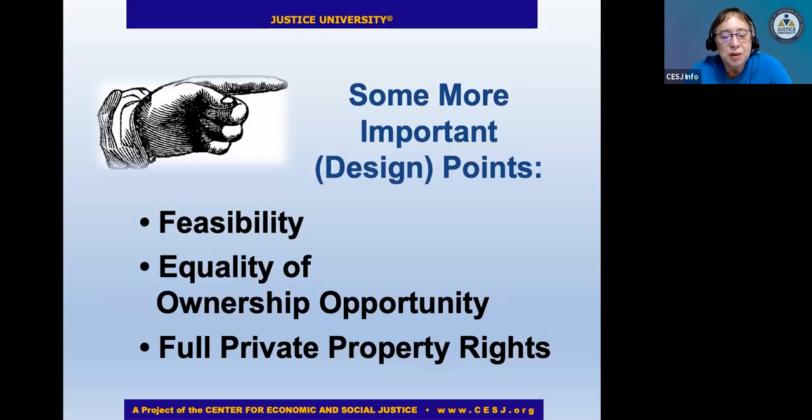We also need to recognize that today ownership in corporate equity has very little to do with private property rights. It does not pay out to the owners the full stream of profits that they are due. And in many cases, the owners don't have real control over what they own.